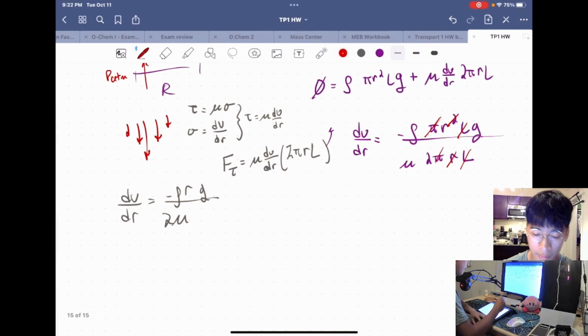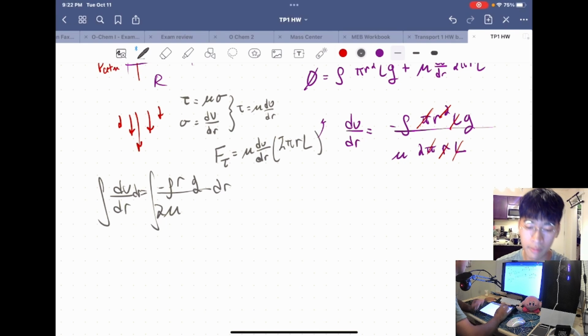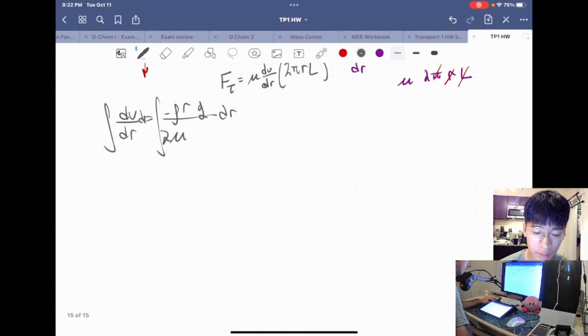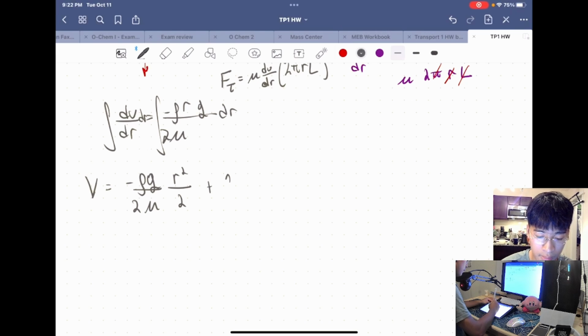So now we go off and integrate. If we integrate this with respect to r, same with here. You typically see this as a separable differential equation, but in this case, we don't want to do that. So we integrate it, and we're left with v equal to negative rho g over 2 mu, multiplied by r squared over 2, plus c.